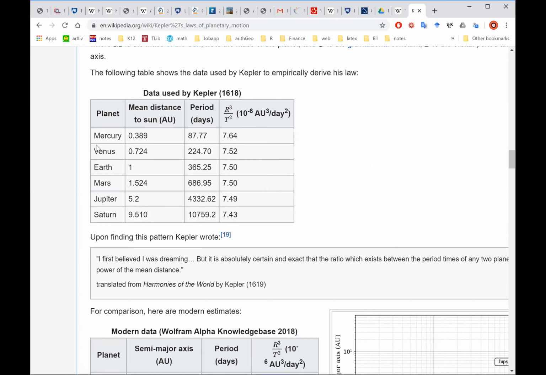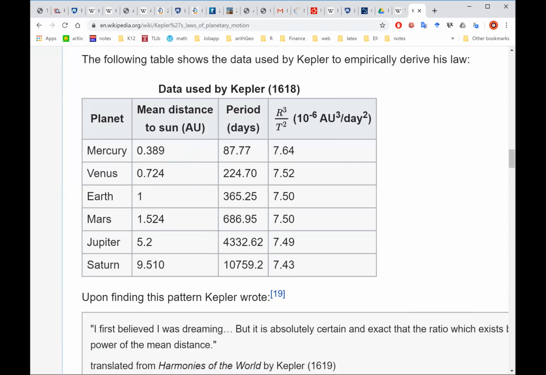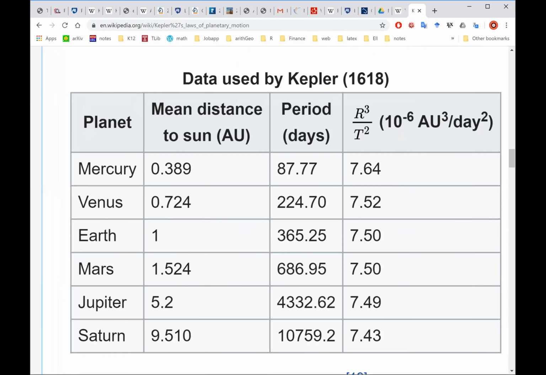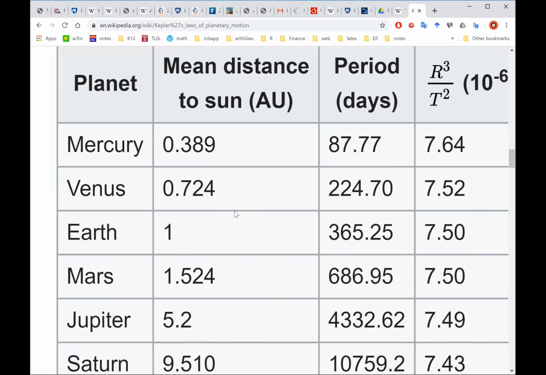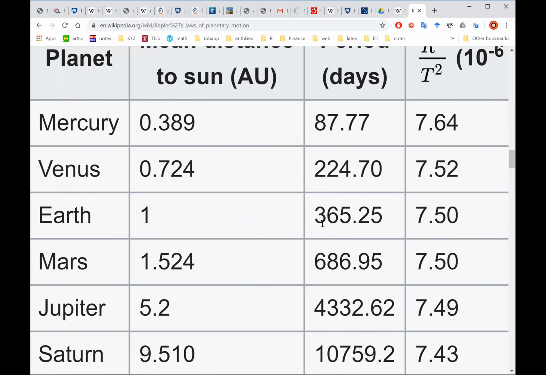You see, for these planets, r cubed over t squared, the right side really looks like a constant.